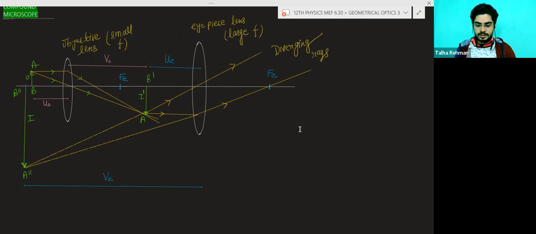Now, we will calculate the magnification. Magnification is the angle. Write it down.